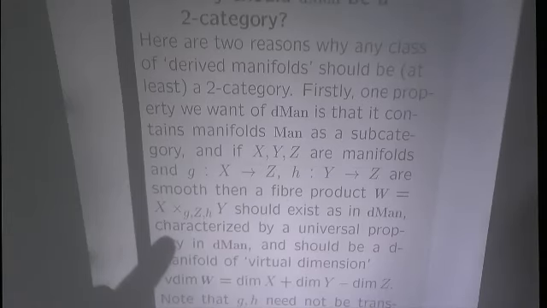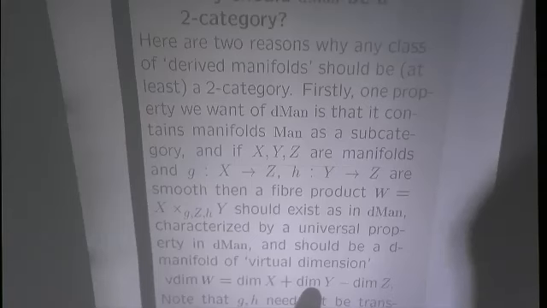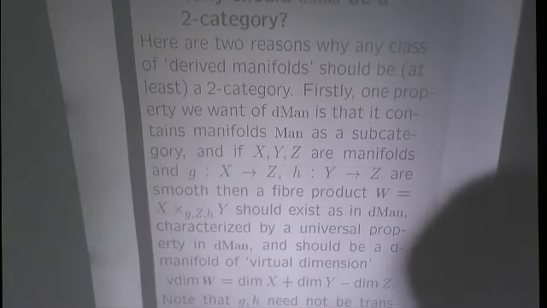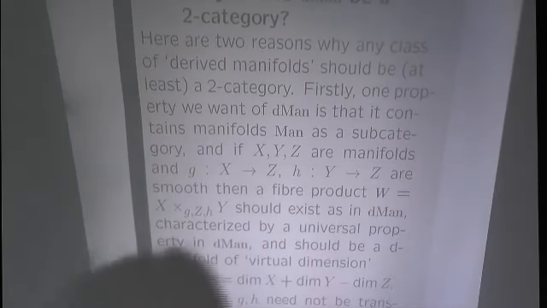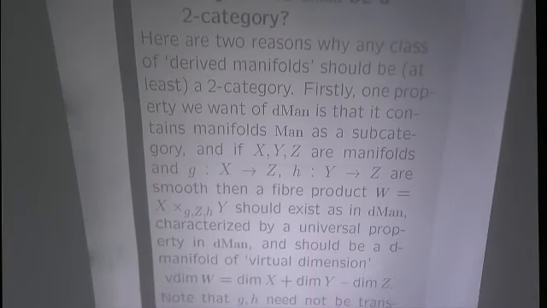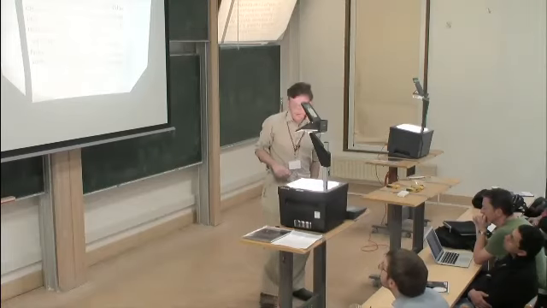And you should have virtual dimension, which is dimension of X plus dimension of Y minus dimension of Z. That's certainly the dimension you'd expect for the transverse intersection of submanifolds. But we don't require G and H to be transverse, and we allow the virtual dimension to be negative.